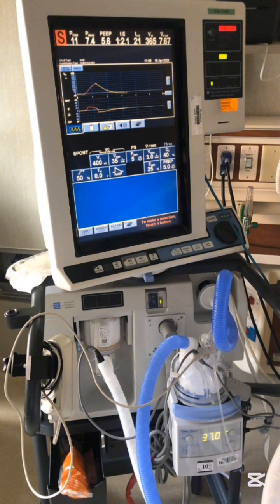So the machine will vary the pressure according to the lung situation to give that 450 to 500 ml of the tidal volume. So that's why when we are giving the fixed or constant amount of the tidal volume, the pressure will be variable by the machine to deliver that amount. So it depends on the lung condition, whether the patient has some pathology, whether the lungs are stiff, or the patient has normal compliant lungs.